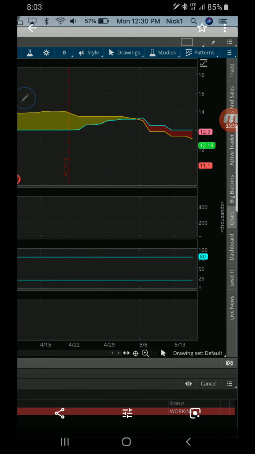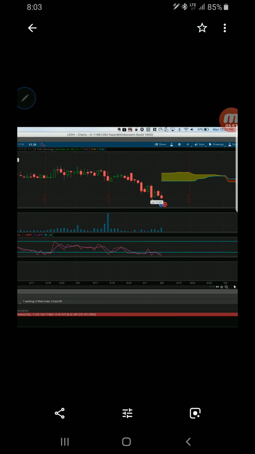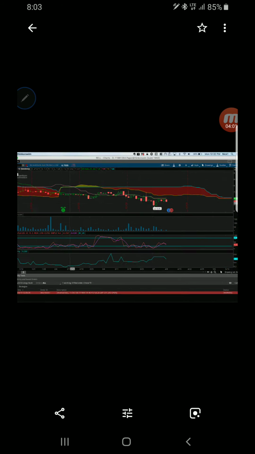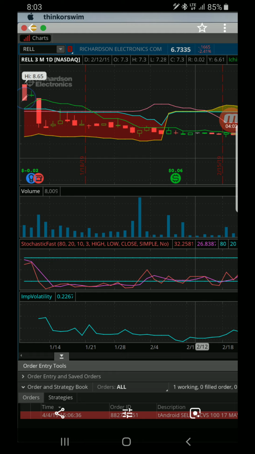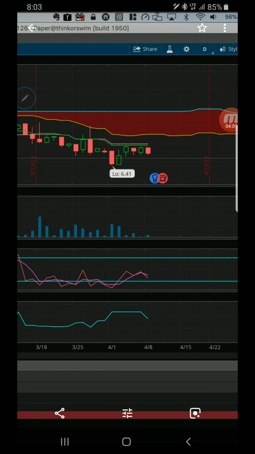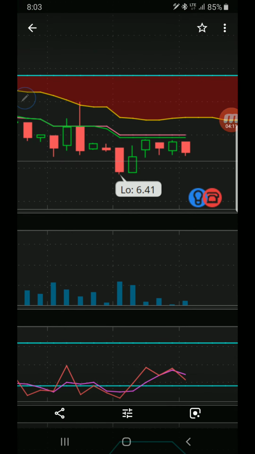RELL. So that looks pretty good, at least for a read. So bearish tenkan, and it's trading below the bearish Kijun. So what that looks like is it's going to be continued bearish.